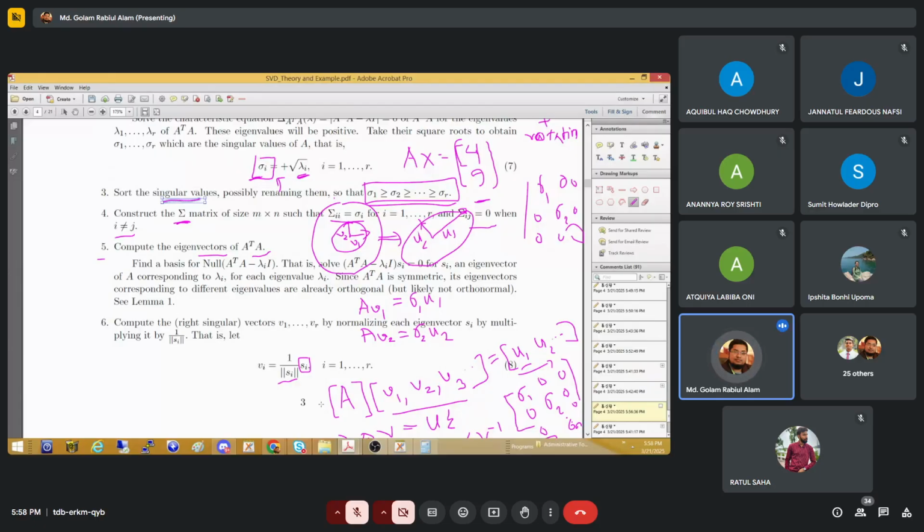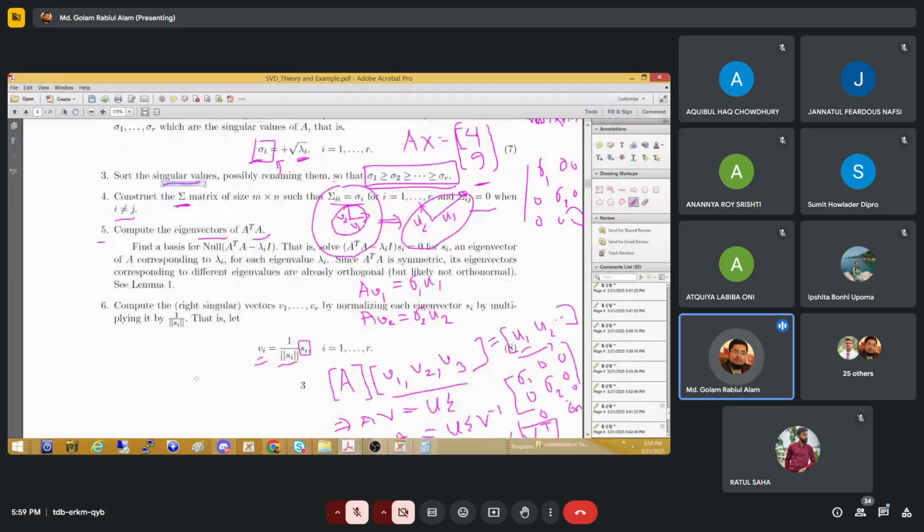Then we will get Vi. Similarly, for each and every eigenvector, we have to find these right singular vectors. So the right singular vector is just the eigenvector divided by its length. It's a kind of unit vector.